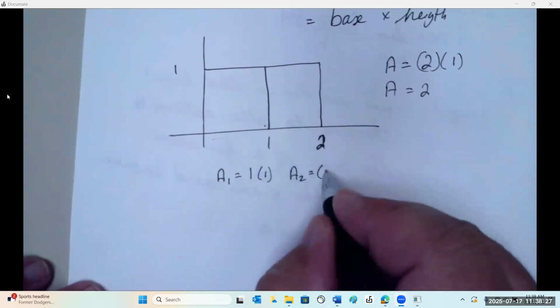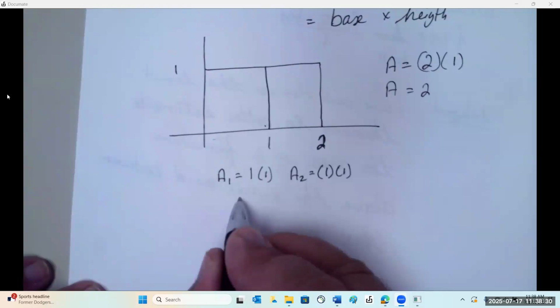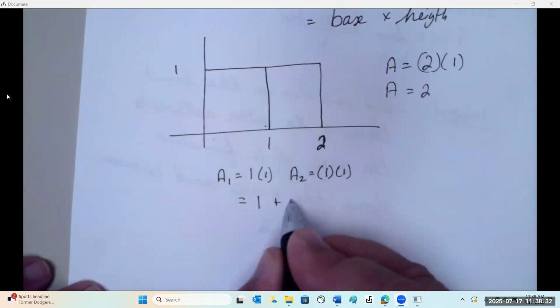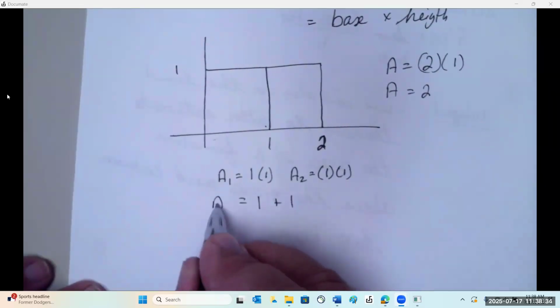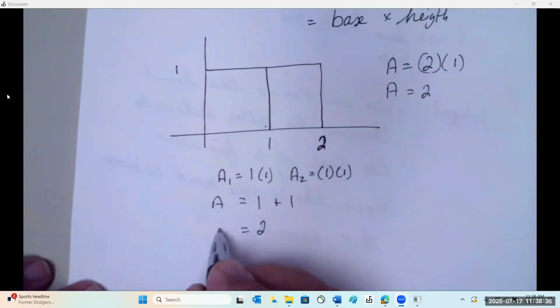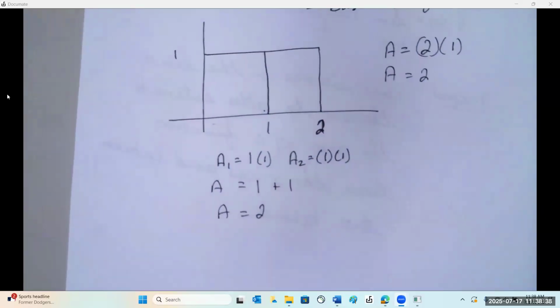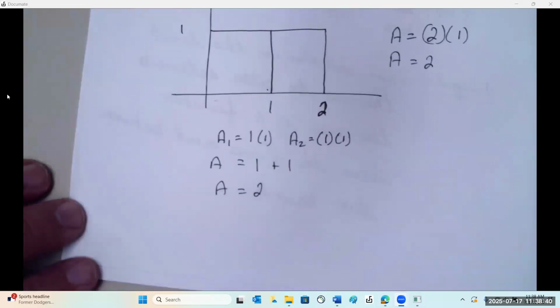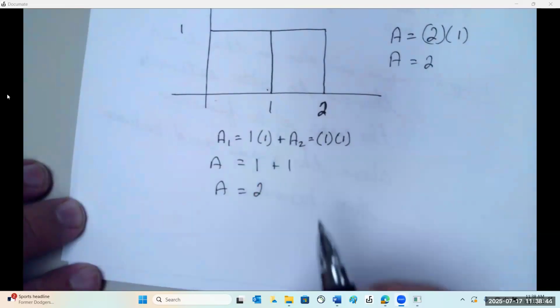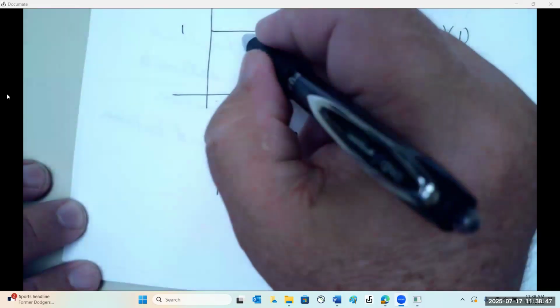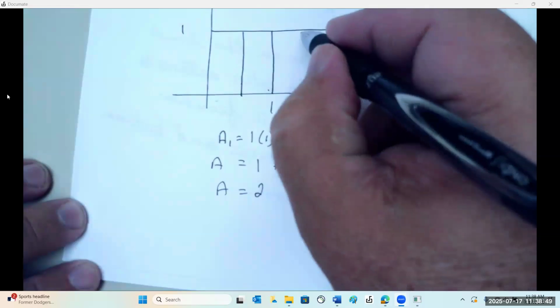The width is 1 and the height is 1. So we get 1 plus 1. The total area is the sum of those two. We're back to being 2. Okay, what if we cut each of those into halves?